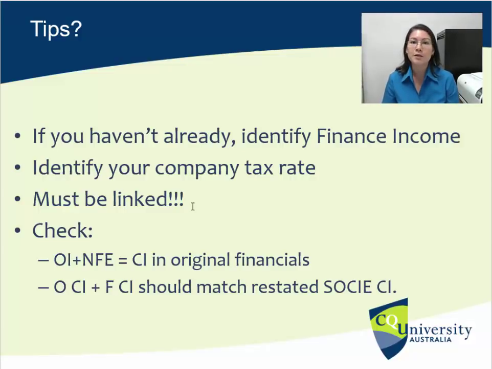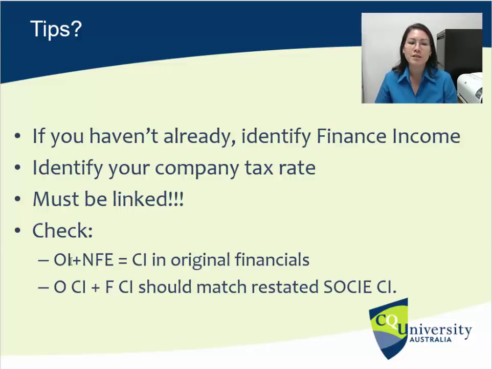When we're restating our income statements, please link back to your original financials and put formulas in where possible for your totals, and I'll show you how to do that going through. Here are your checks. When we calculate OI, which is operating income, and NFE, which is net financial expenses, both of those totals must match to CI in your original financials.